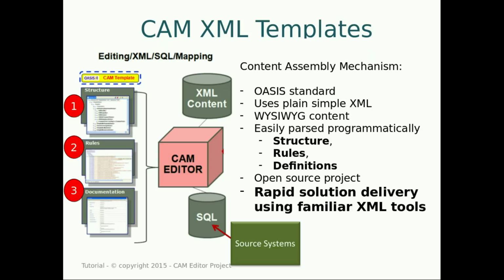CAM itself is obviously the content assembly mechanism, an Oasis standard. It's WYSIWYG, simple XML. The pieces are easily parsed and programmatically handled because we have separated out the structure, rules, and definitions. And so you're able to use your familiar XML tools in this environment.